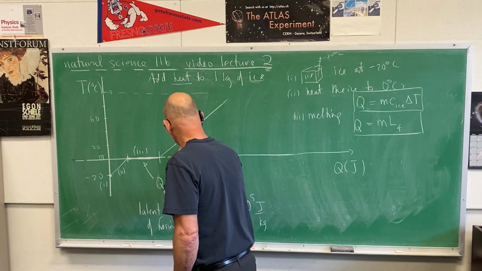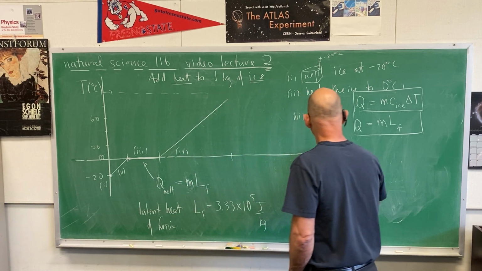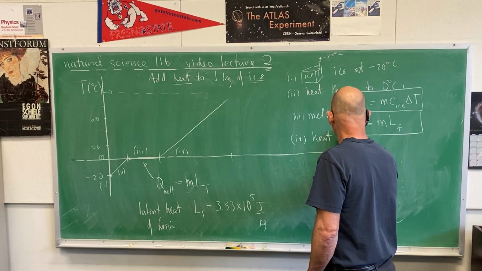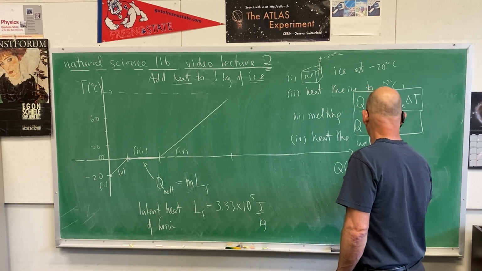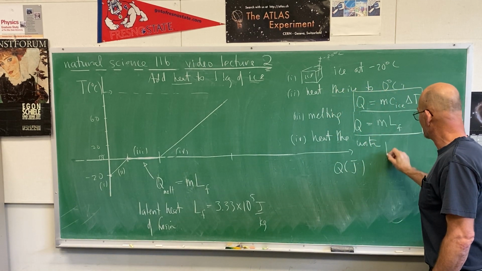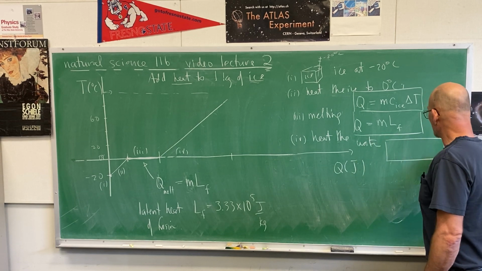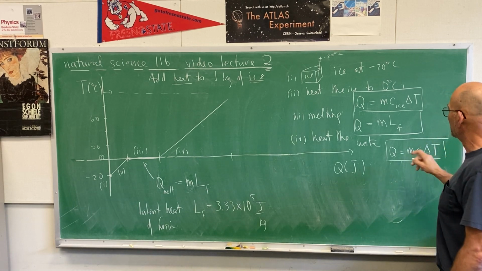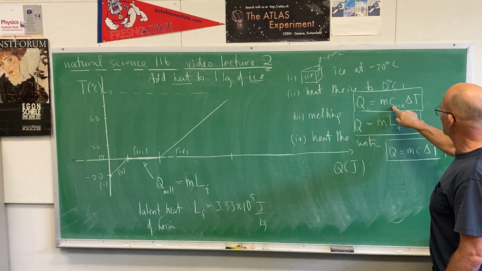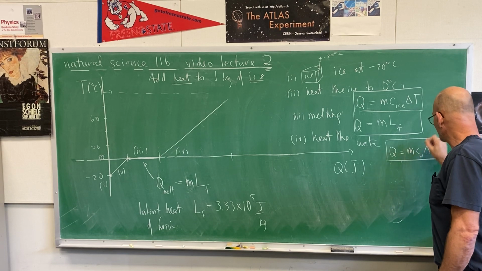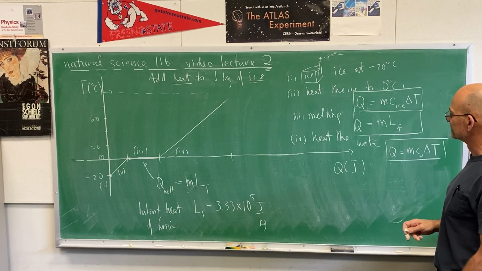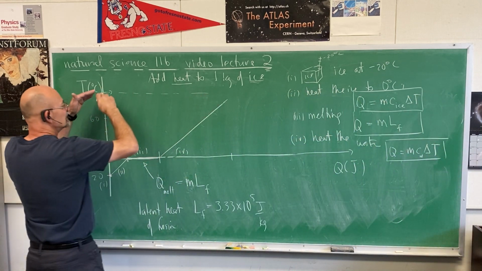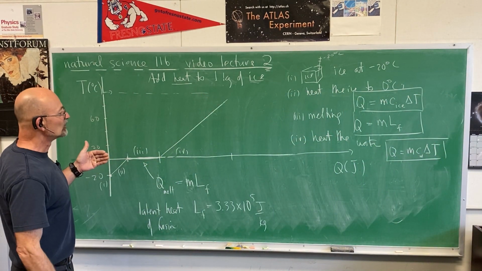And this here I'll call 4. We're going to heat the water, and what's our formula here? Q equals MC delta T. So this was the specific heat of ice, this is specific heat of water. Now the water has reached 100 degrees Celsius boiling temperature, and what happens then?